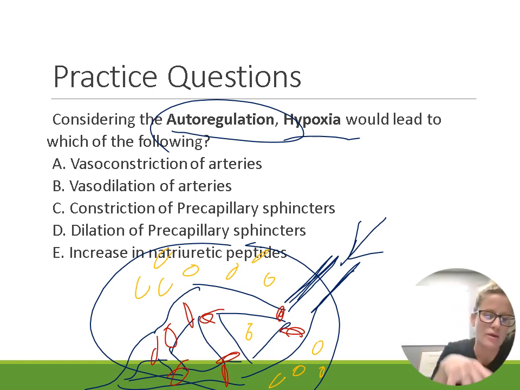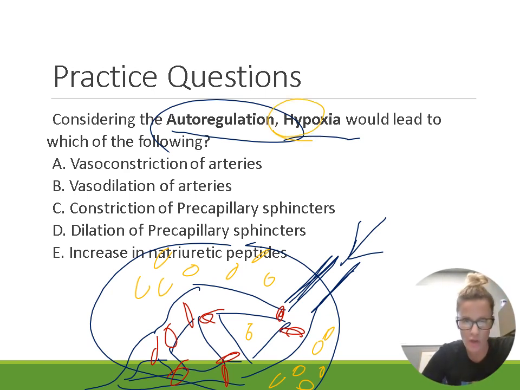So this is saying what is going to happen in this tissue if these cells are experiencing hypoxia. Hypo is low, oxia like oxygen. So hypoxia is low oxygen.